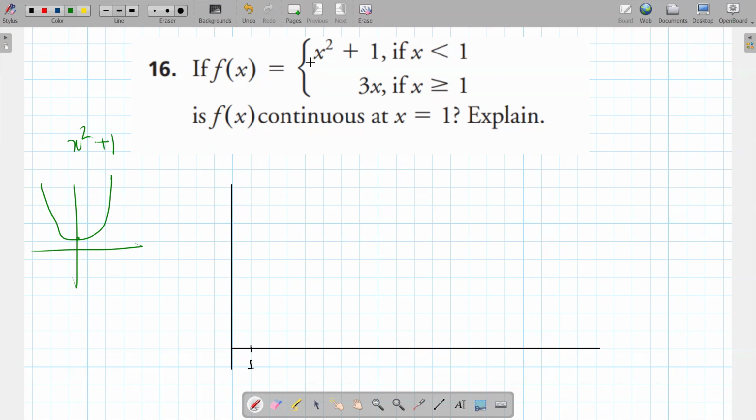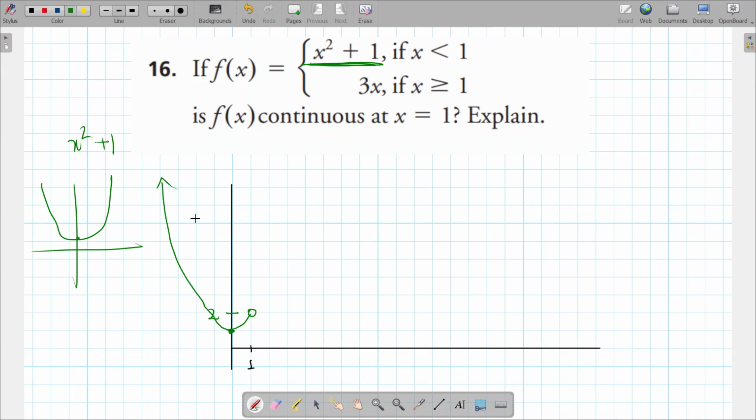So when the x value is 1, what's the y value for the first function? It's 2. Open circle or closed circle? Open. And then we know it's going to come down to the y-intercept of 1. So it's going to come here, and then it's going to curve back up, right? Cool?